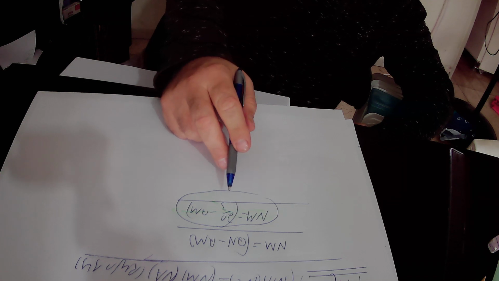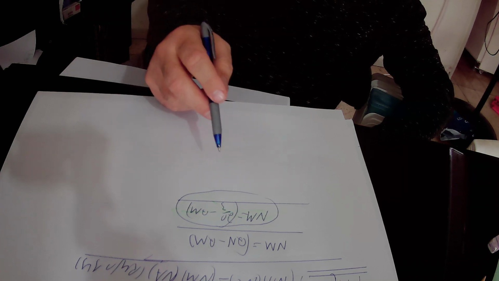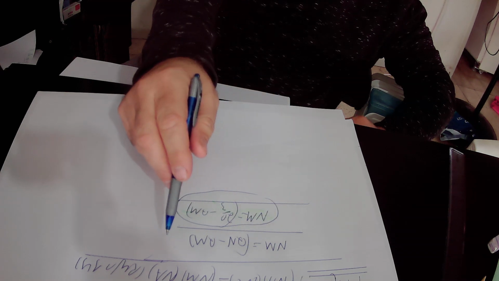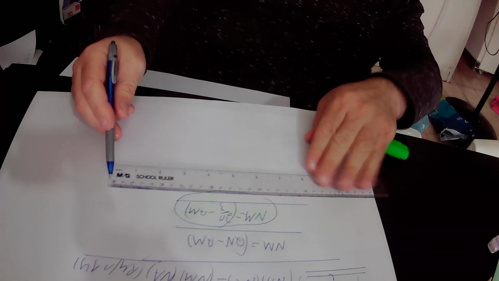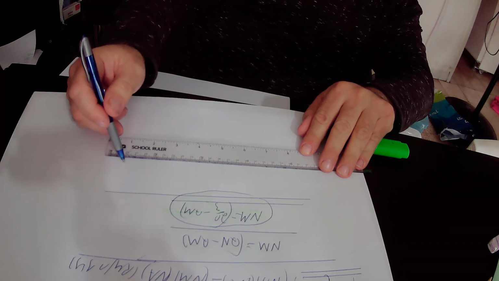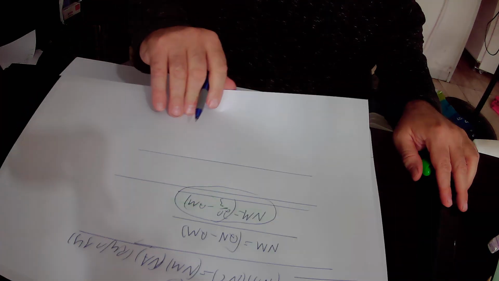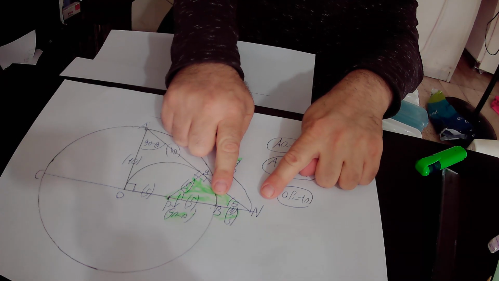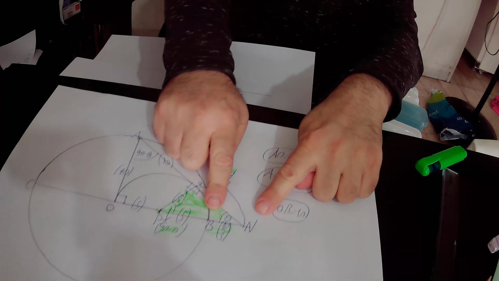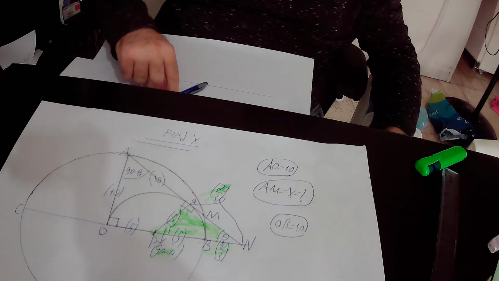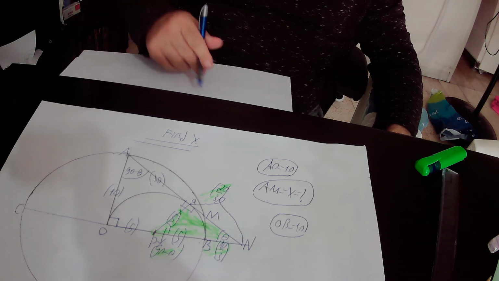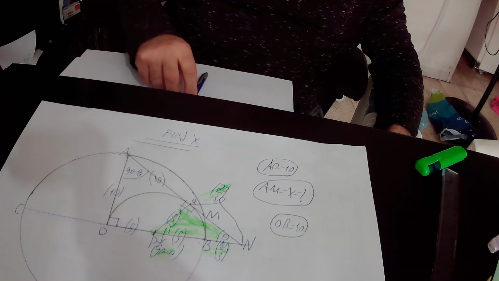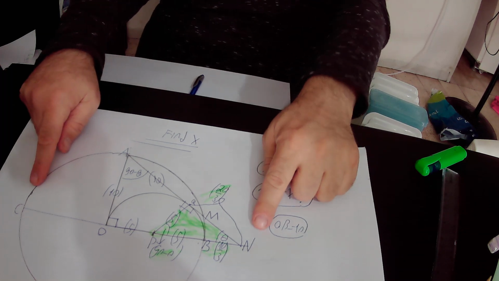Now we return to rule number 14. Again, according to rule number 14, NB times NC equals NM times NA. So NB is 10 over 3 times NC.